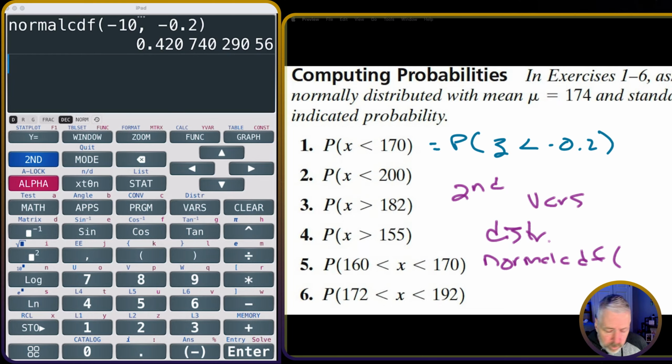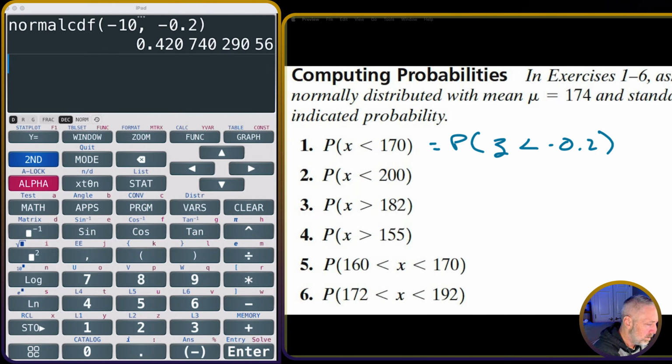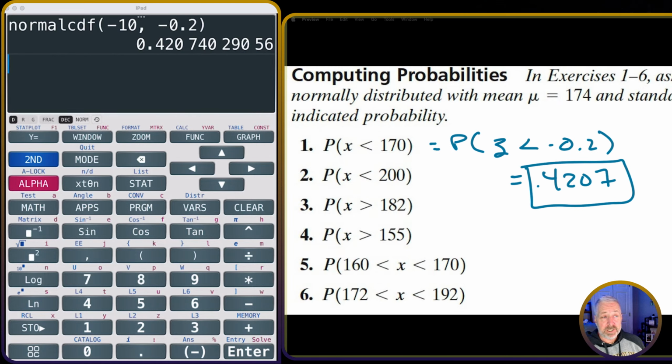So I get 0.4207. Okay, no problem. And that's less than 50%. My apologies, I forget that in this screen I am a little less than normal, so we get 0.4207. There we go.